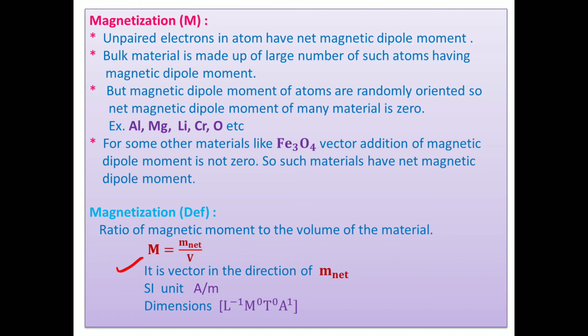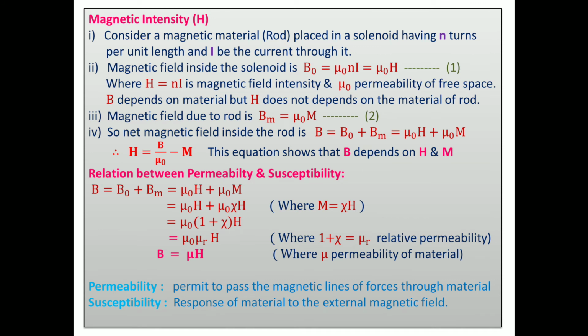It is a vector in the direction of the magnetic dipole moment. What is the unit? The magnetic dipole moment is in ampere meter square, and volume in meter cube. Meter square upon meter cube means per meter, so the unit is ampere per meter, and the dimensions are L^-1 M^0 T^0 A^1.